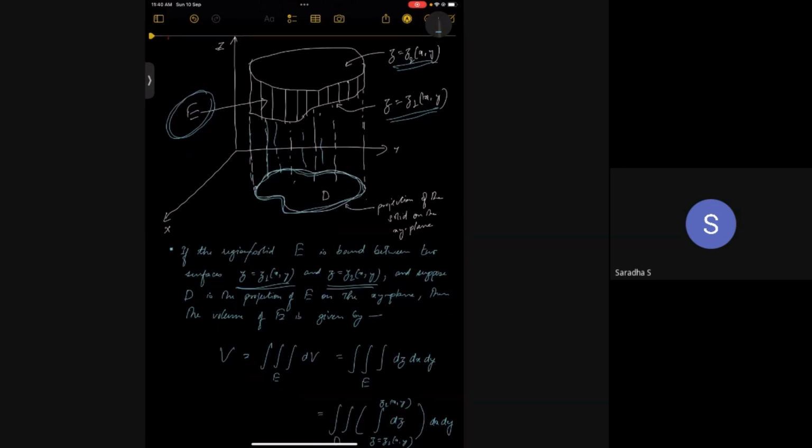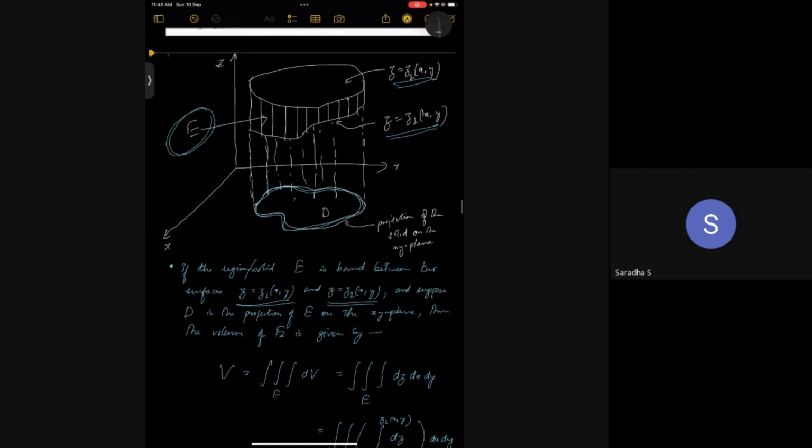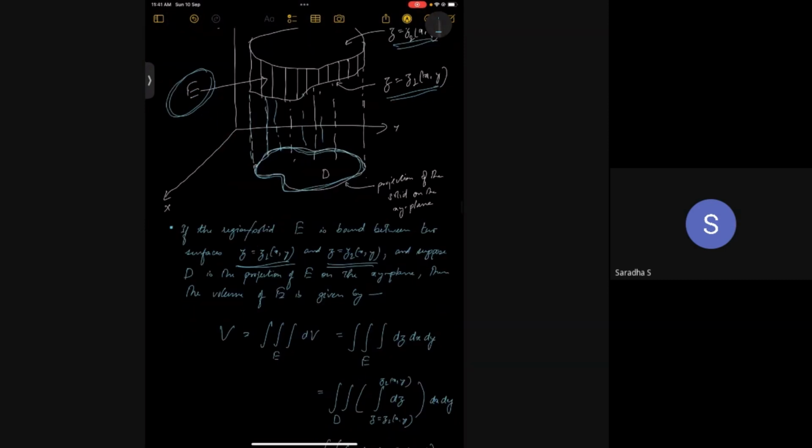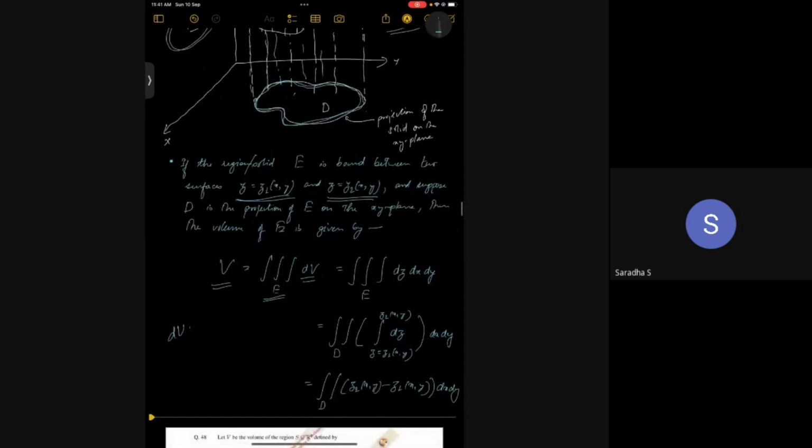Now we are interested in two things again: the volume of the solid and the volume integrals. So the volume of the solid E is given by volume V equal to the triple integral of dV. You integrate it over the entire solid E. Usually our dV is equal to dx dy dz.